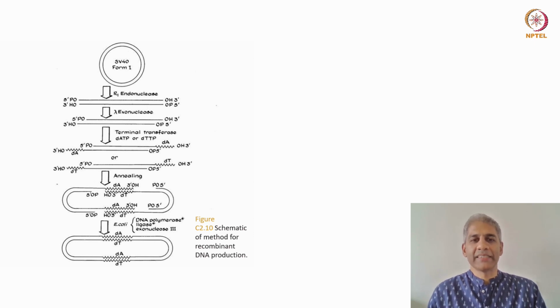Suppose you added adenine nucleotides to the SV40, then thymine nucleotides were added to the lambda phage. These were then mixed together in the presence of DNA ligase. Because of complementary base pairing between A and T, the DNA ligase could then stitch up these two pieces of viral DNA so that you had this recombinant molecule finally at the end.